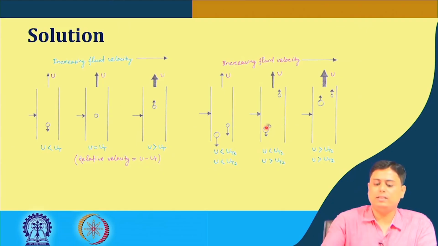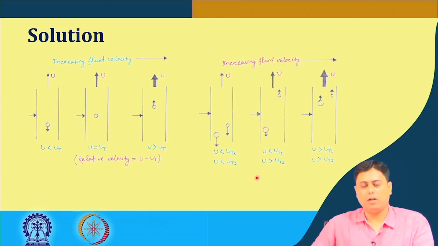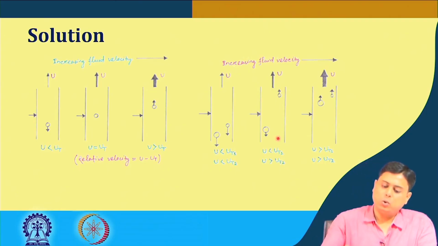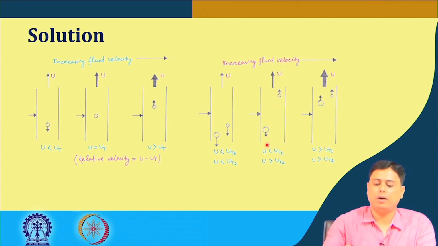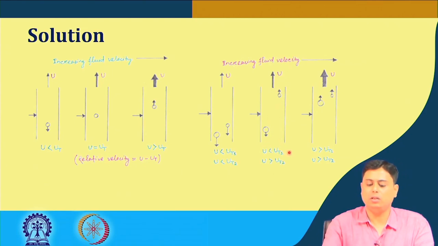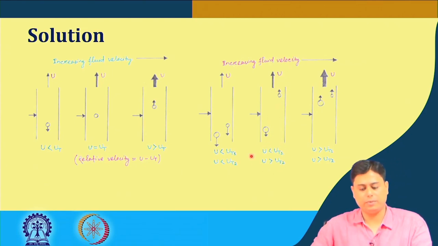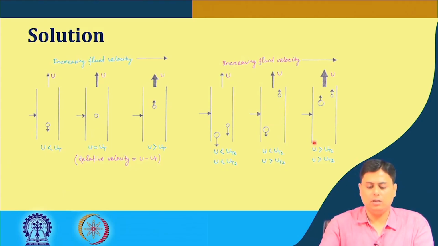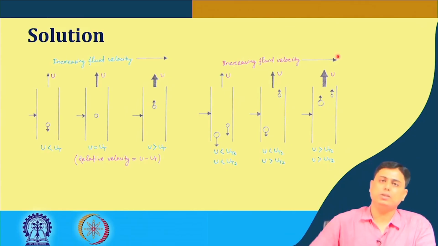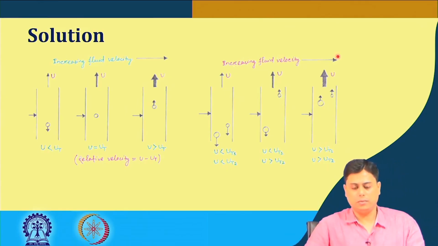So as the size increases, the terminal velocity will increase. We have seen this in numbers as well. In this case, few particles will go away, few particles will come down based on this terminal velocity range. And if this rising stream velocity is very high, it will carry away all the material from this region.